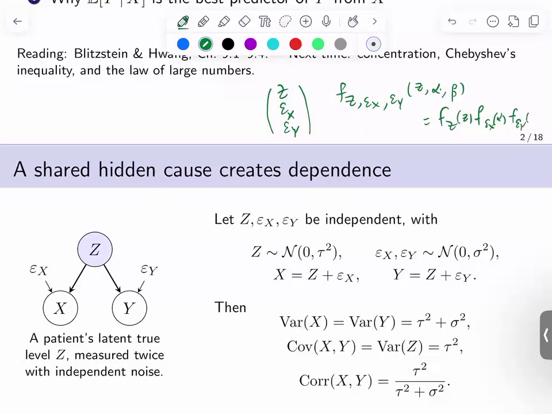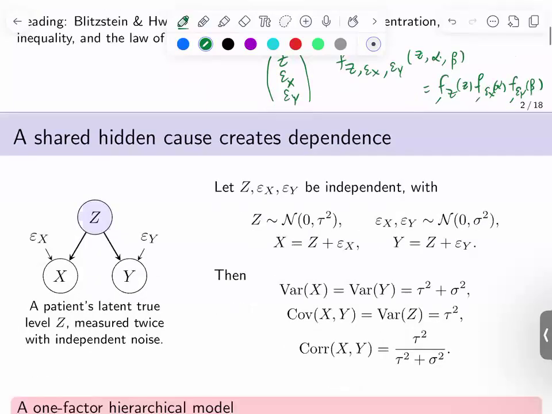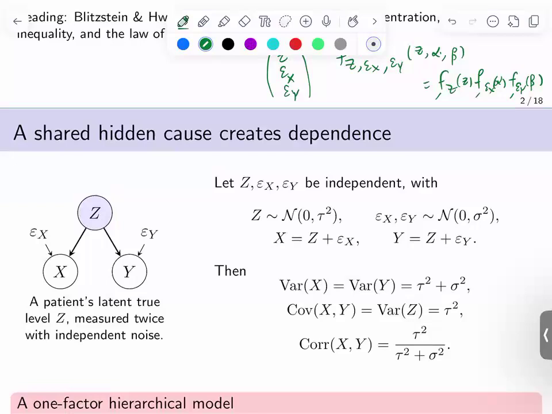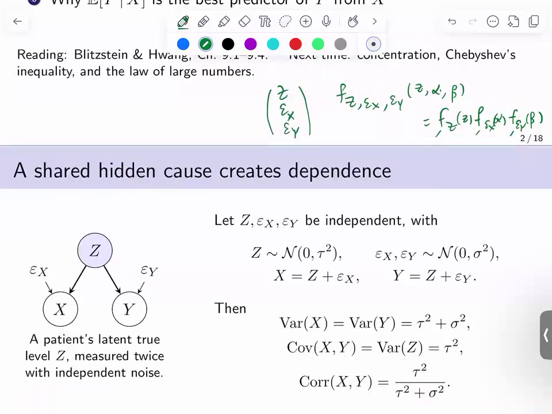And so we have a full joint distribution for these three random variables because of independence, and we know that the individual PDFs are normal.